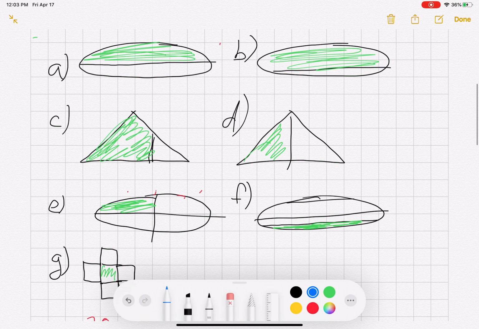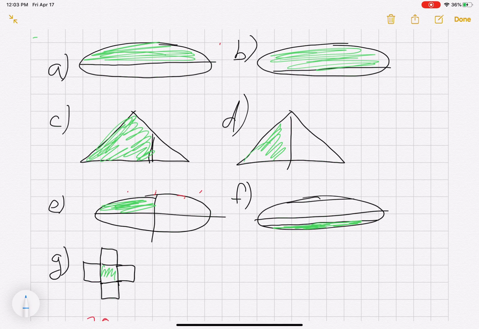Okay, so if we were looking at these here, and I asked you which shapes are shaded so that half of them are shaded. Well, we can look at A, and if I had drawn this correctly, it's cut in half, and half of it is shaded.